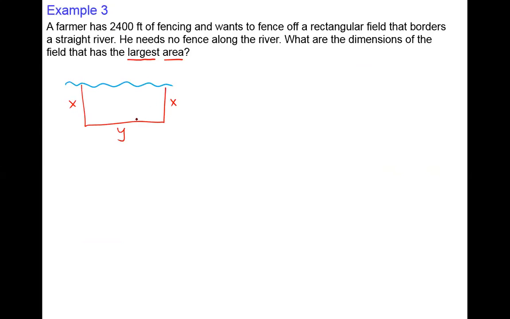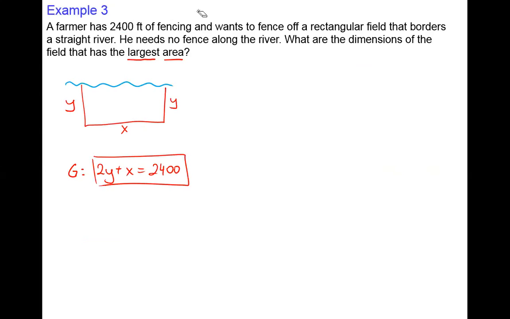And what we know, the given information, is 2,400 feet of fencing. Fencing means like a perimeter. That means we have 2y plus x equals 2,400.